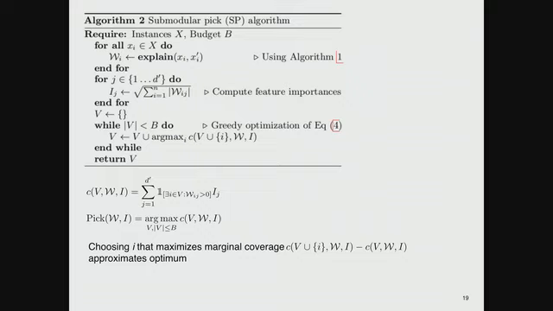You know, if you're interested, you should probably read the paper. But what they're doing is essentially a kind of greedy search that says, what feature should I add in order to get the best coverage in that space of features by documents.